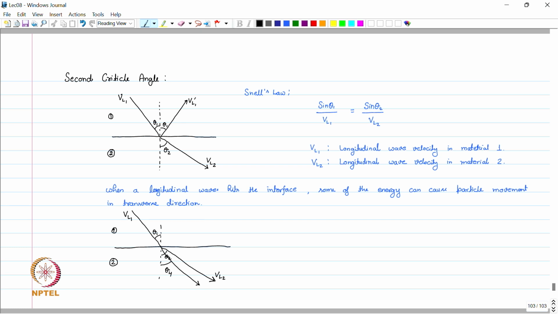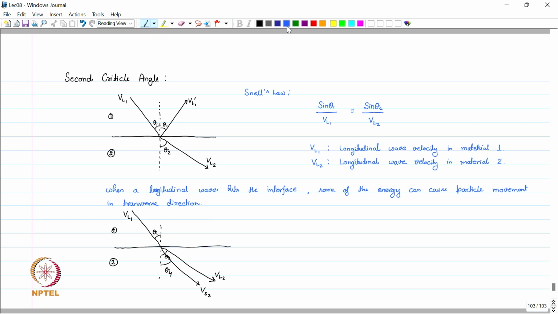Now, Snell's law applies even in this case as well, and the velocity for this wave is Vs2, the velocity of the shear wave in material 2.